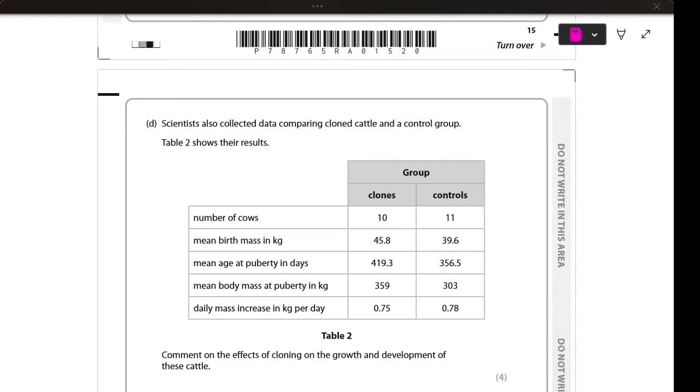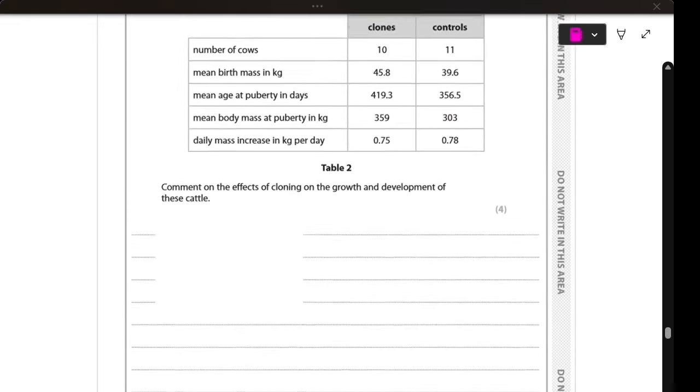as they've asked us to comment on the effect, we can say these conclusions may not be very reliable because it was not repeated. There is no sign of repeat, and this is a very small study because only 10 or 11 cows were used, a very small number.